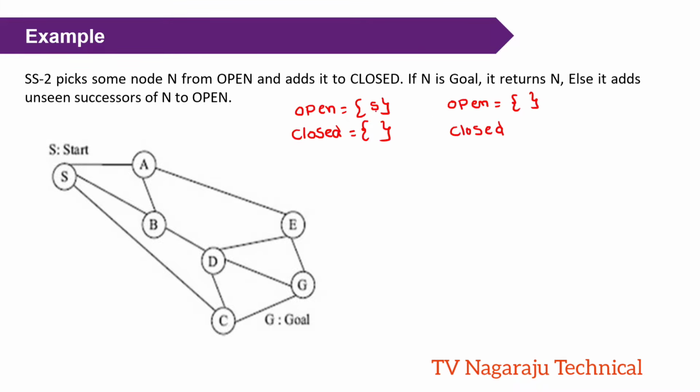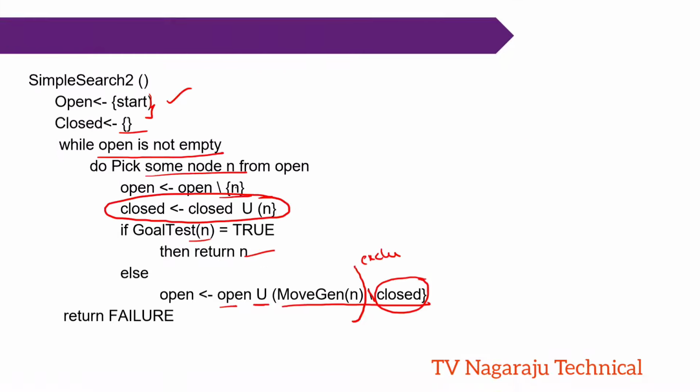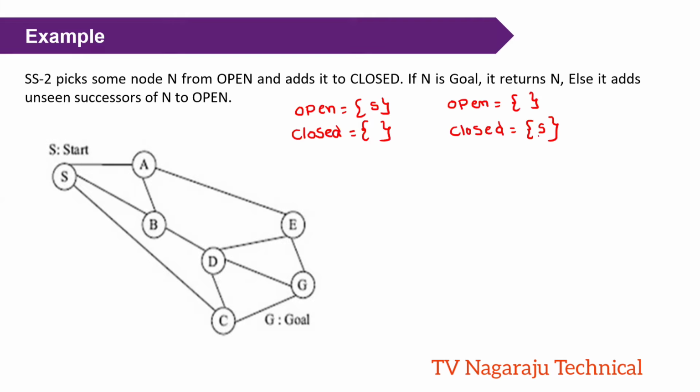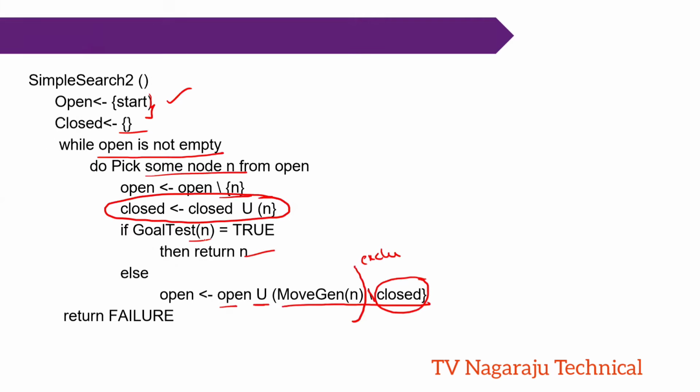Whenever we are removing a node from the open, it is placed into the closed. That means S is visited. Remove the node, S is visited. And here, is S the goal node or not? No, S is not the goal node.